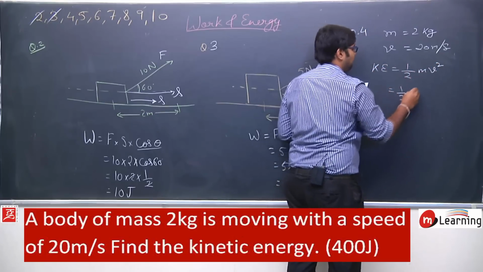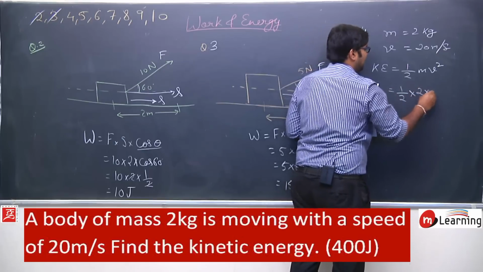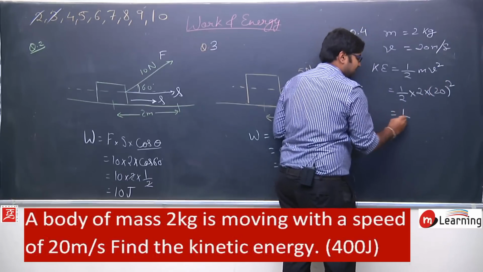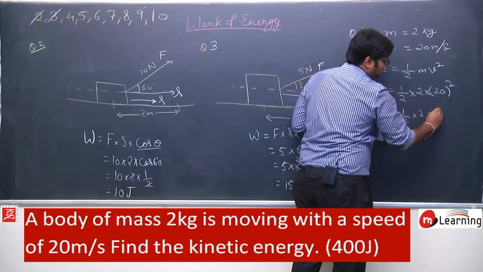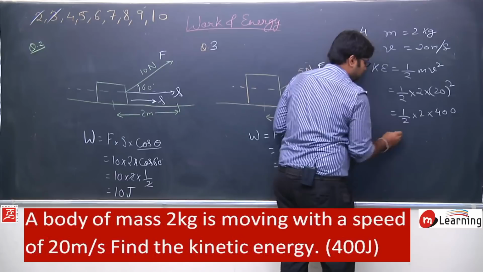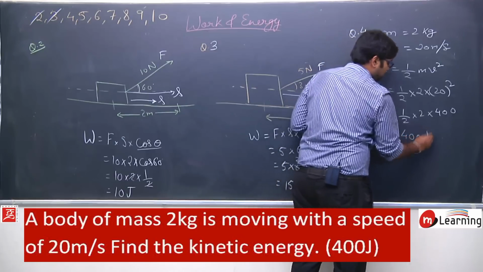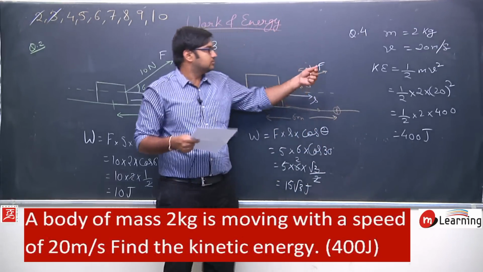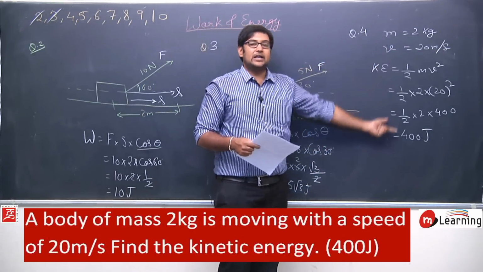So this is half into mass 2 kg into the square of the velocity, 20 squared. When you solve this, it is half into 2 into 400, so this comes out to be 400 joules. This is the kinetic energy.